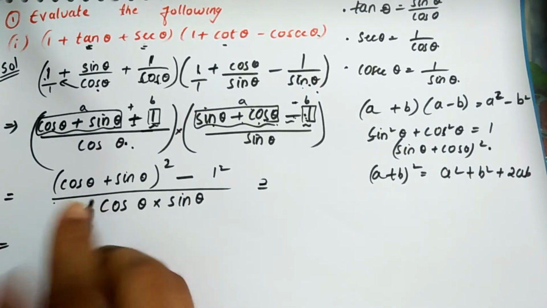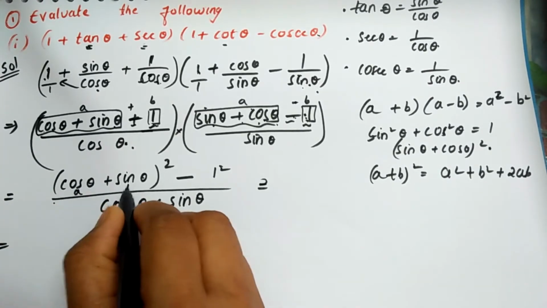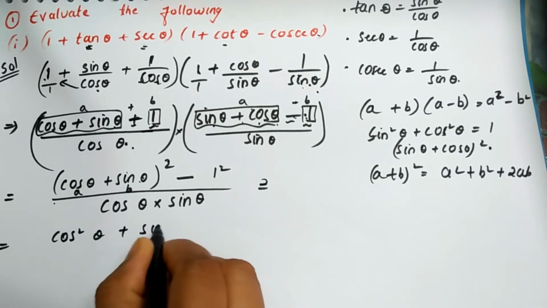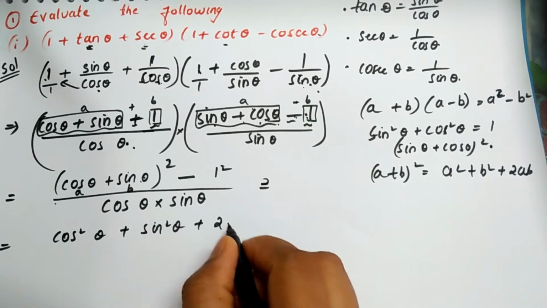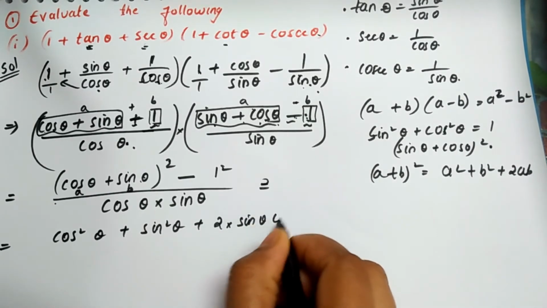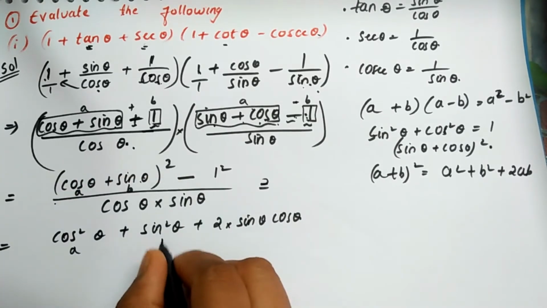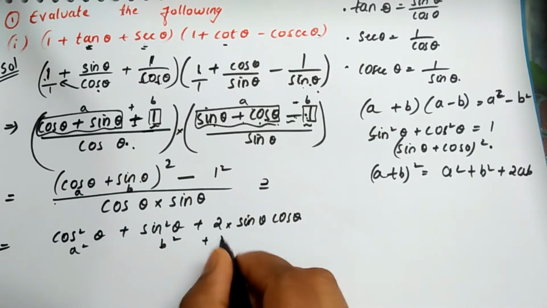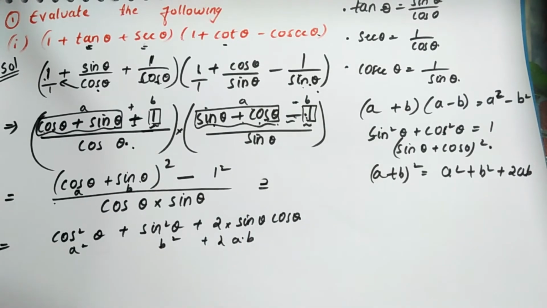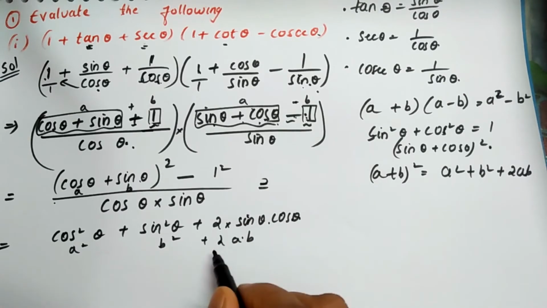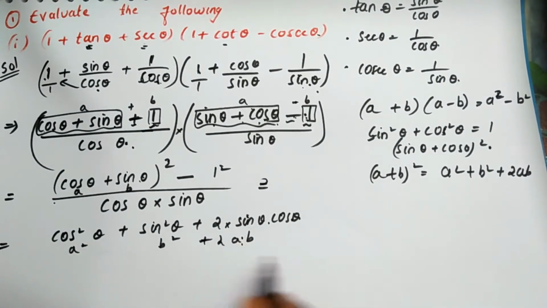But here, in place of a it's cos theta, in place of b it is sin theta. So cos square theta plus sin square theta plus 2 into sin theta into cos theta. Okay, this is a square plus b square plus 2 into ab, right? Anyhow, sin theta into cos theta. See, 2ab can be written as 2ba also, so not a big deal.